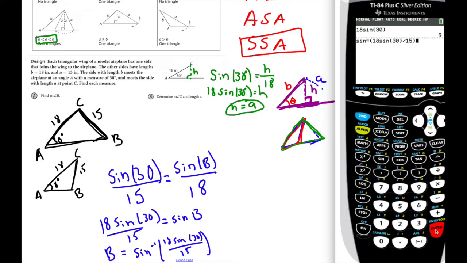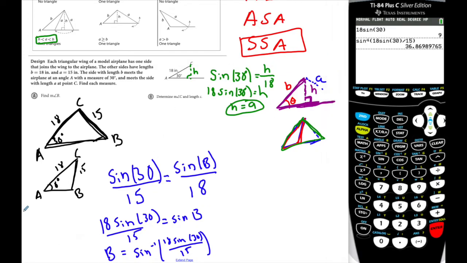When I do this, I get B is approximately equal to 36.870 degrees. That's what the sine inverse tells me. So that could be one possible answer for B. We can imagine that B was this.